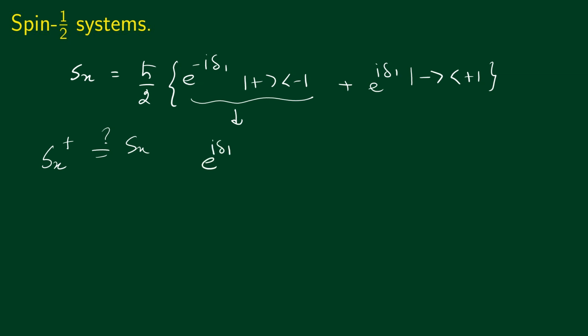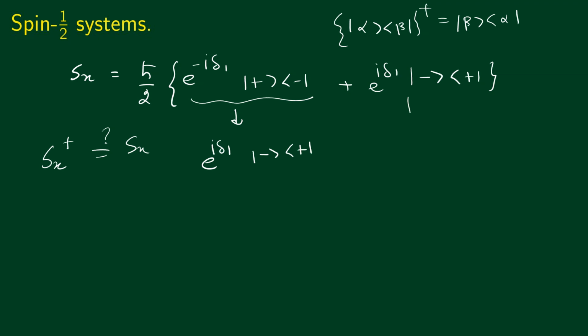And what happens to bras and kets? We have seen that if you have ket alpha bra beta, an operator like this, the complex conjugate of this is actually bra beta ket alpha. We have actually proven this in one of our previous classes. You can check the notes. So this means that this term is e raised to I delta 1 ket minus bra plus.